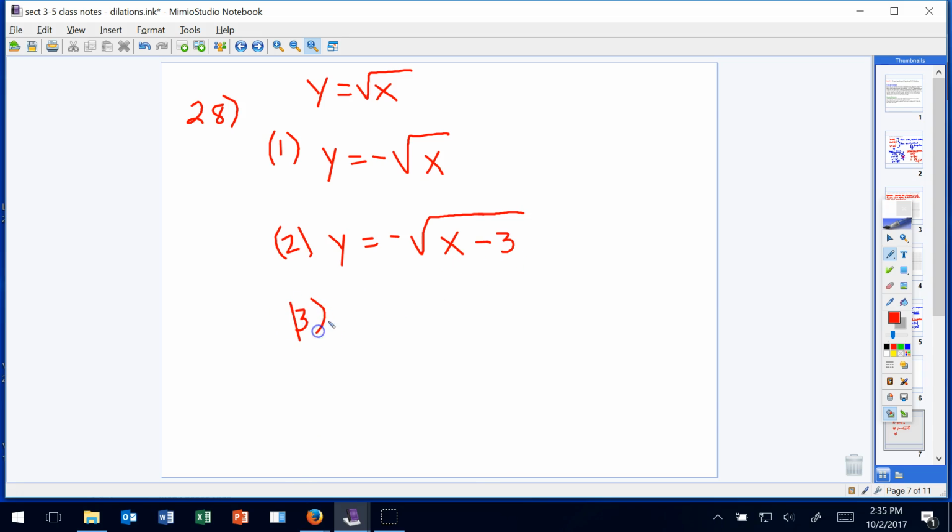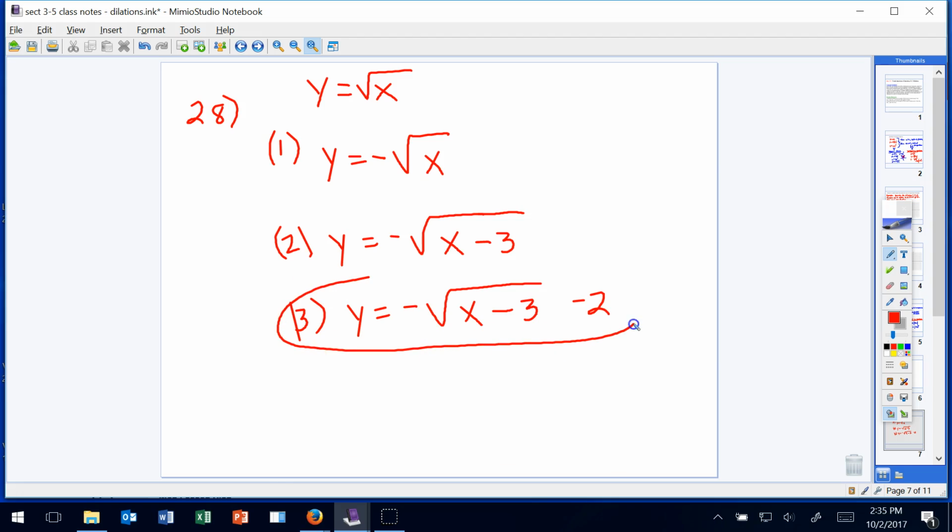And then part 3 says, okay, with those two things done, now let's shift down 2 units. So we just build on what we've done previously. So to take that and move it down 2, we show minus 2 outside of the radical. So this would be your answer for number 28.